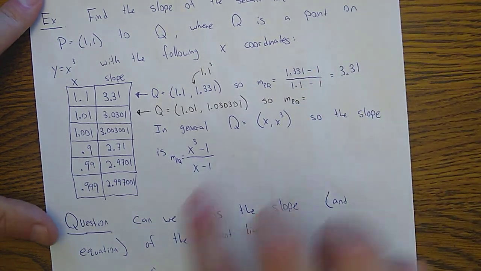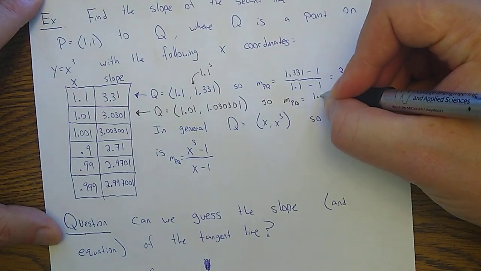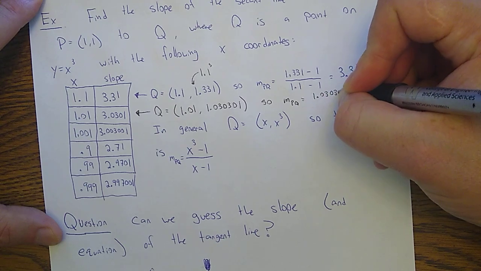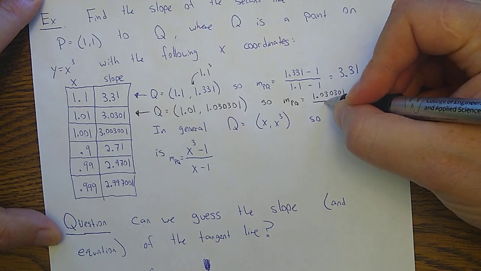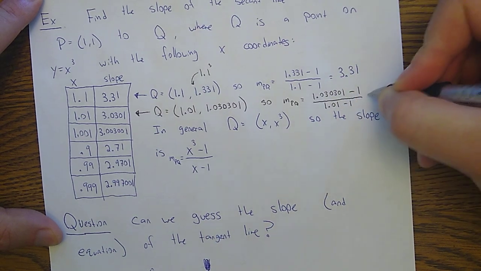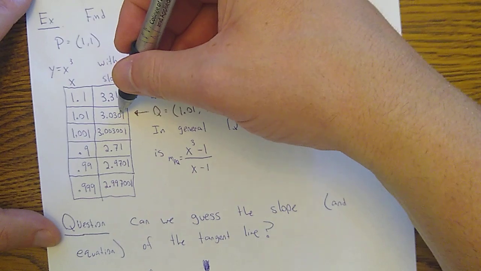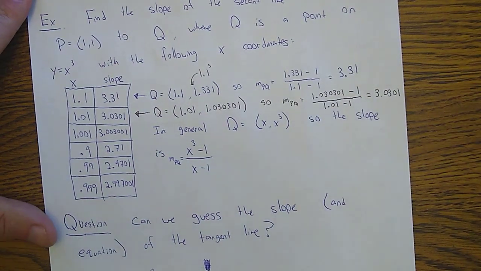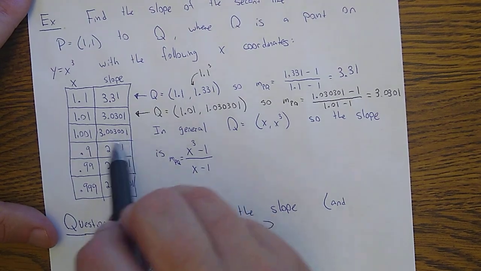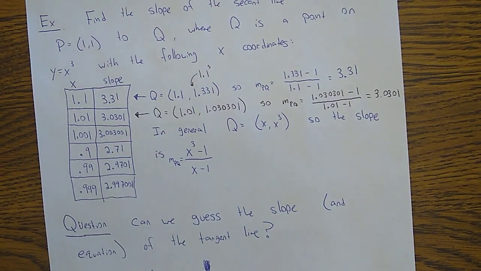To find the slope, again, I subtract the y coordinates: 1.030301 minus 1 over 1.01 minus 1. And that should give me that answer. And that's how you do all of these. Of course, the decimals get a little bit ugly, but it's not that bad.